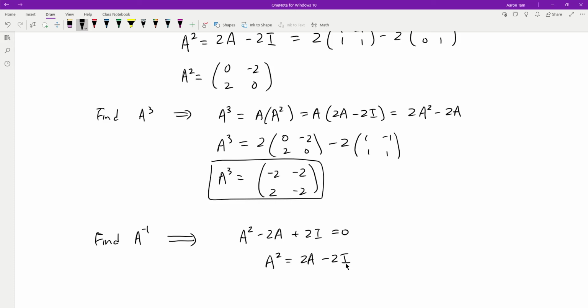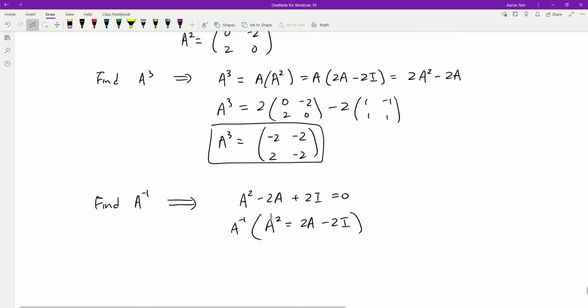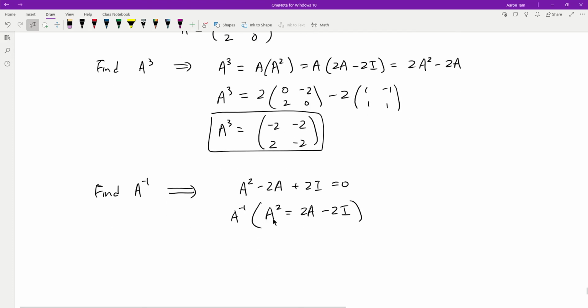Assuming A inverse exists, I can multiply this entire equation by A inverse. A inverse times A squared will just become A. And A inverse times A becomes the identity. But what is A inverse times I? That becomes A inverse.